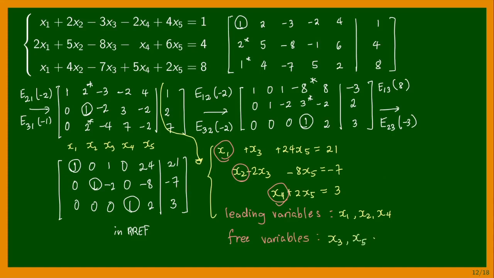Now, why are they called free variables and the others are leading variables? Well, x sub 3 and x sub 5 are called free variables. Why?